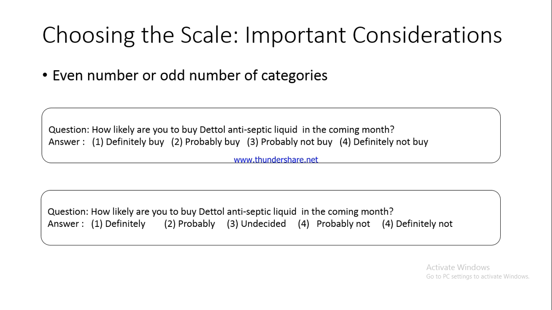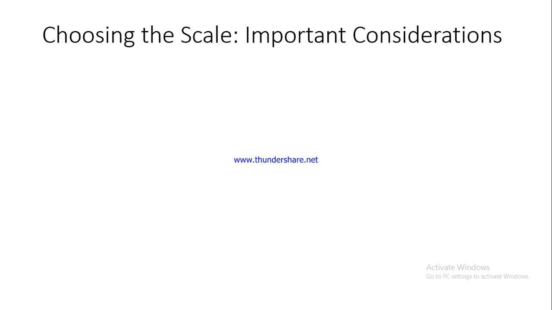There's a mistake here. Probably not is 4 and definitely not should have been 5, but it has been shown as 4 here. However, even then there are basically 5 response categories in the second example, and this is an odd number. So this is one more decision that you have to make.